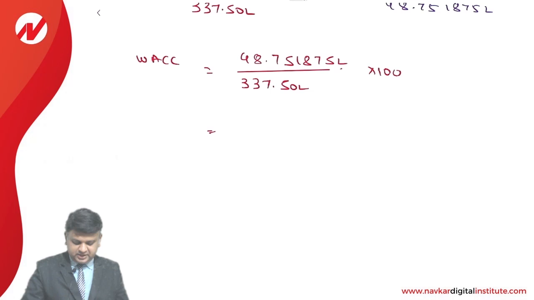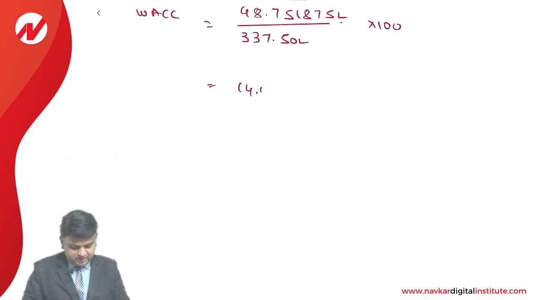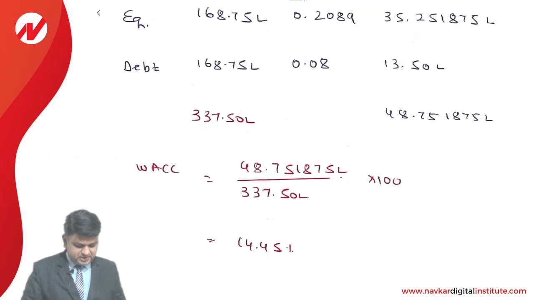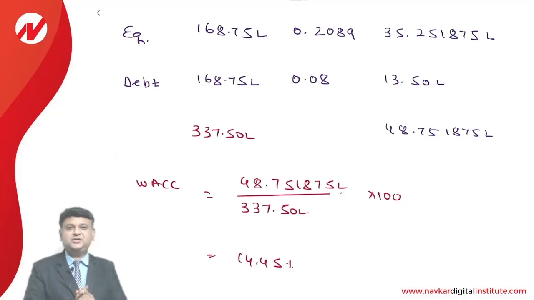Final answer is 48.751875 lakhs divided by 337.5 lakhs. That is 14.445, that is 14.45%. This is the way the weighted average cost of capital can be calculated.